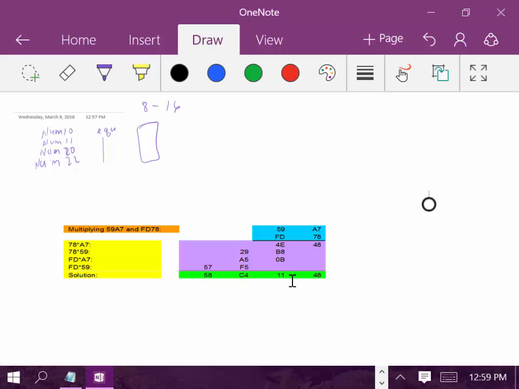So what you want to do is identify these, and the easiest thing to do is probably just start and say this is location F, location E, location D, location C, B, A. What comes after A is 9 and 8.